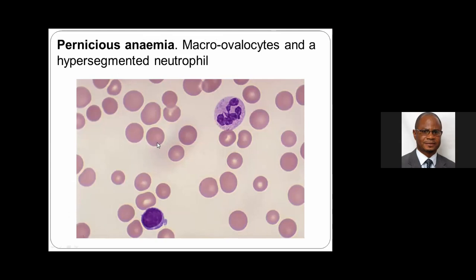MCHC, which looks at the mean concentration of individual cells, will be more indicative of how the cells pick the color than the MCH, which is the mean concentration of all the cells combined.